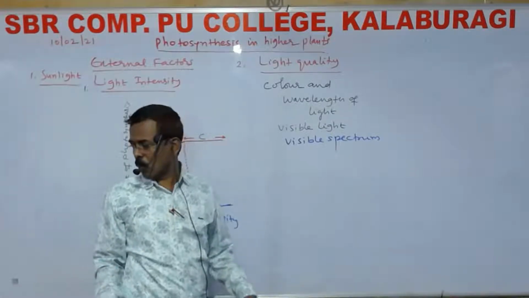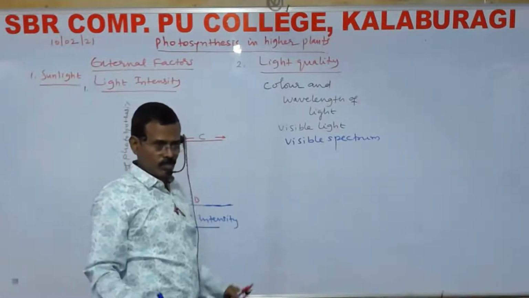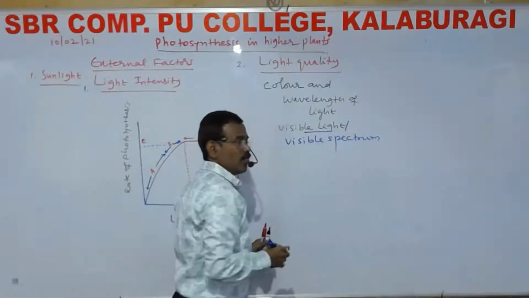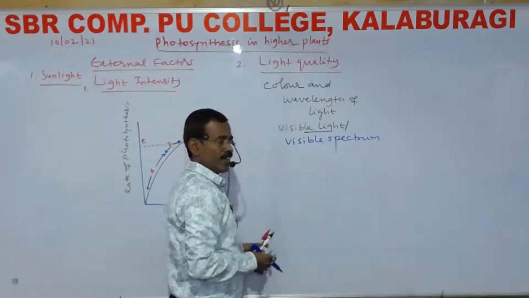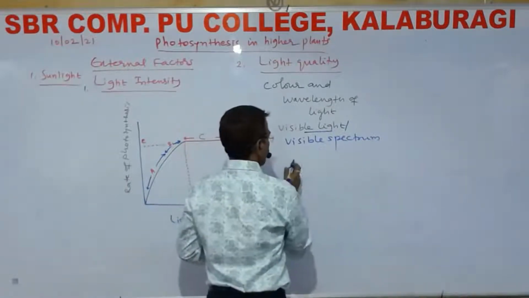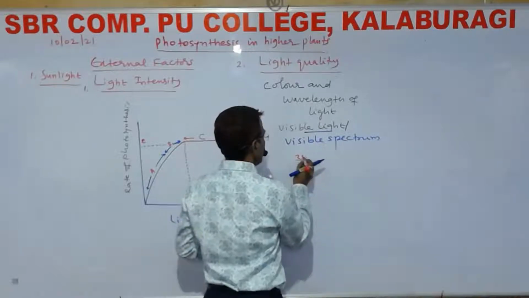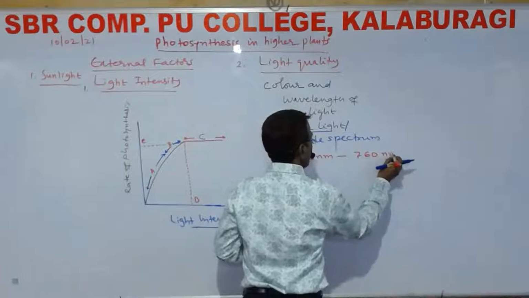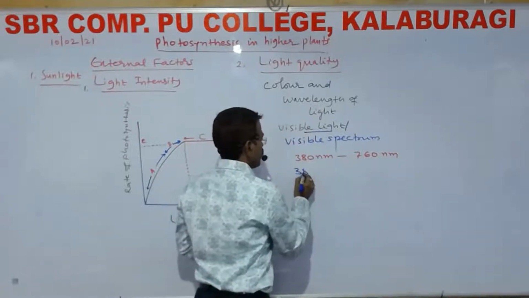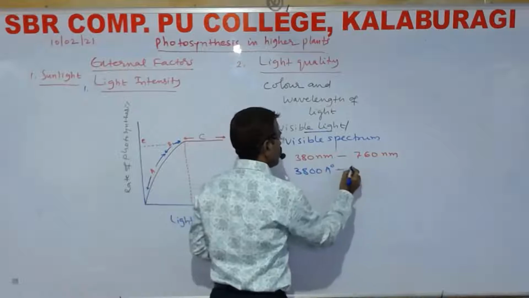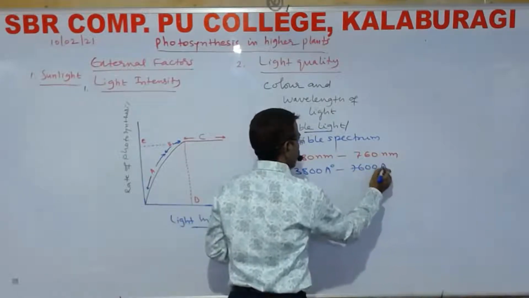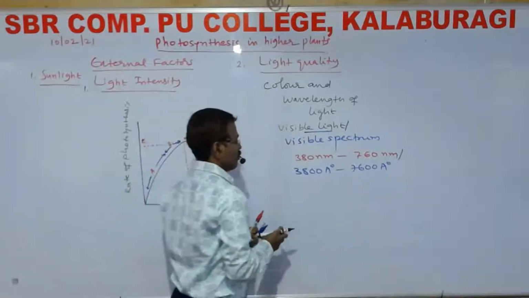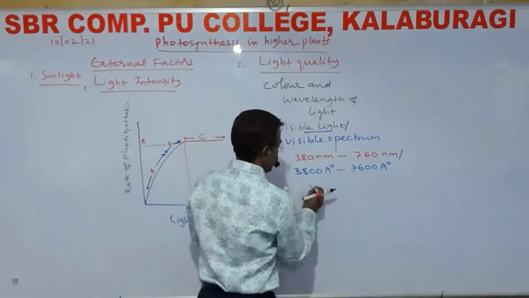Mainly this visible spectrum of solar electromagnetic radiation supports photosynthesis and life on Earth. It ranges from 380 nanometer to 760 nanometer, or 3800 angstrom to 7,600 angstrom. This visible spectrum has 7 colors.